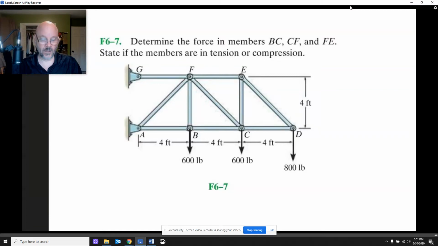Okay, so this is our second lesson looking at bridges and analyzing trusses specifically. They don't have to just be in bridges, I suppose, of course. But what we looked at last time was something called the method of joints.